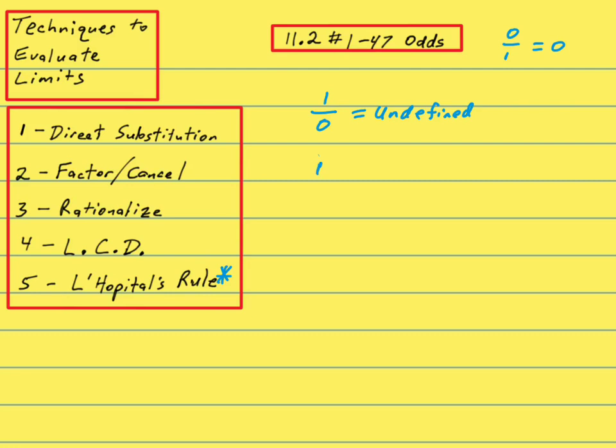So give me something very close to 0, like 1/10. What is 1 divided by 1/10? 10. Give me something closer to 0, 1/100th. 1 divided by 1/100th is 100. 1 divided by 1/1000th is 1,000. 1 divided by 1/10,000th is 10,000.